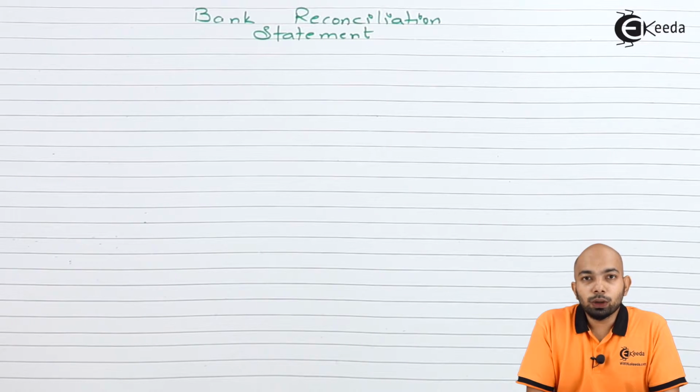So today we'll be understanding certain important terminologies: what do you mean by cash book, what do you mean by passbook, and how we need to resolve the differences between the cash book and the passbook. Let's first understand with a specific situation where a person needs to withdraw a certain amount from his bank account.